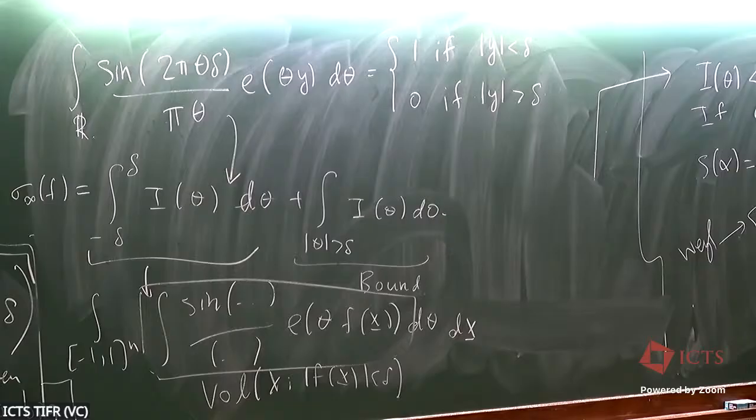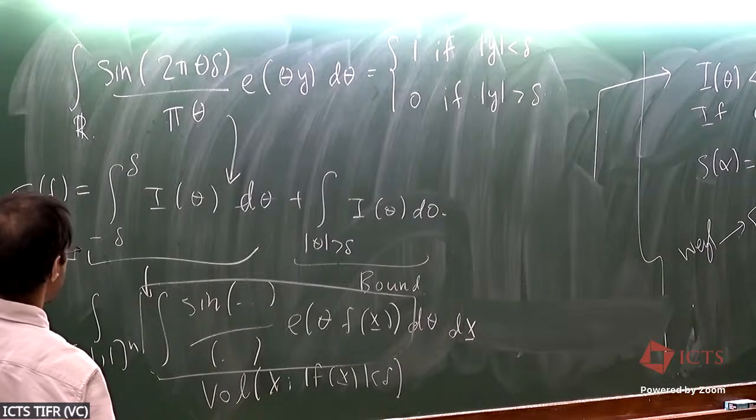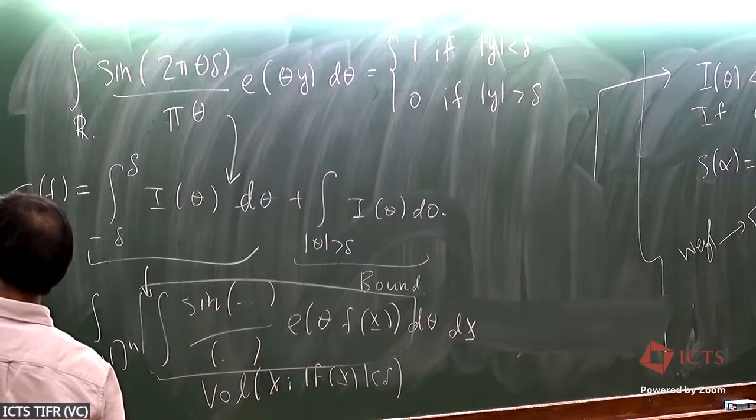Let me try to do this more properly. So we do have the identity that I've written properly. Where should that come from? So I should divide and multiply by 1/2 delta.